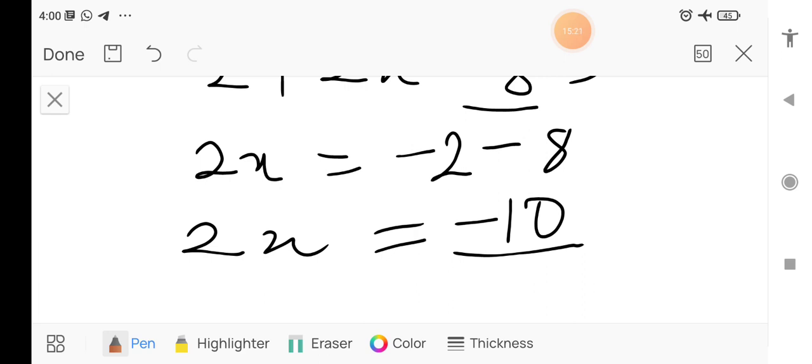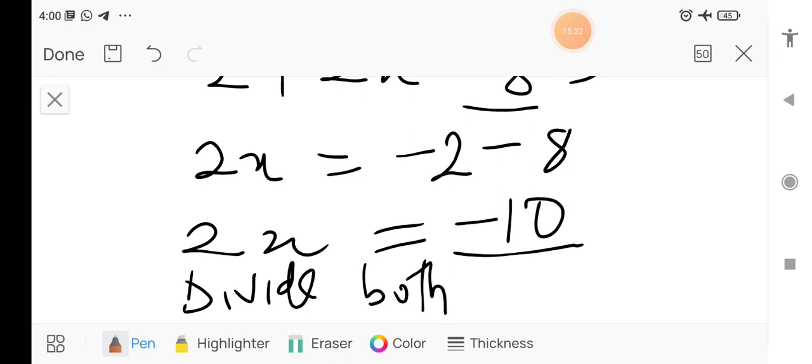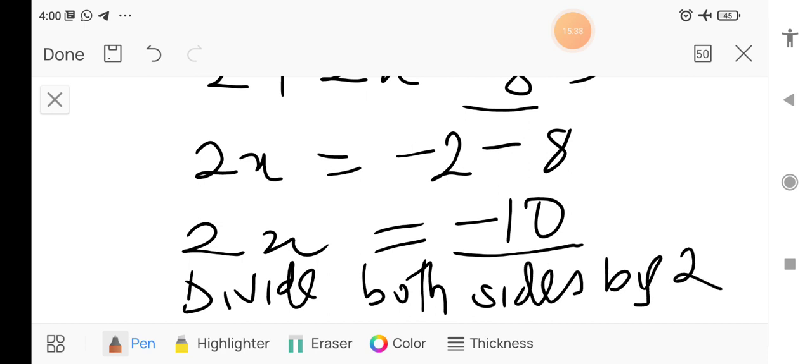The next thing will be to divide both sides by 2. So let's divide both sides by 2. Okay.